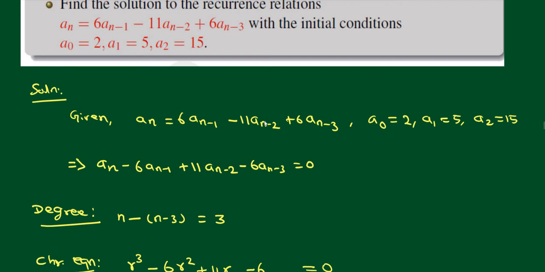Whenever you have a recurrence relation, and in that recurrence relation only A_j terms are there and nothing else, here A_j term, A_j term, A_j term and A_j term, every term is an A with a suffix. If you have some other term that does not have a suffix, that is called non-homogeneous. If you have a homogeneous equation, this is the idea to solve.